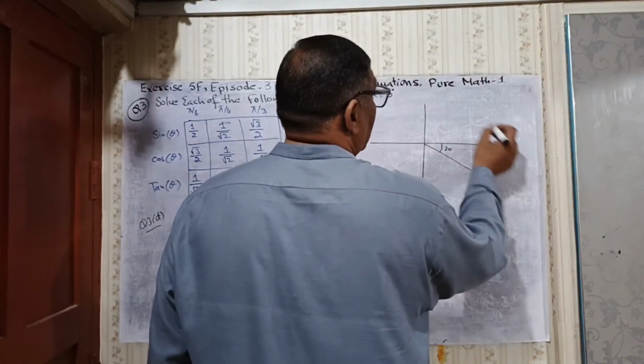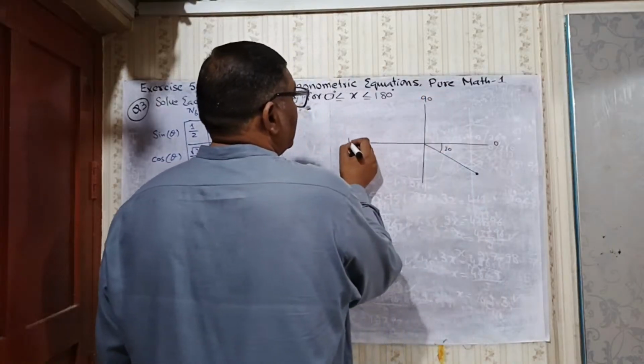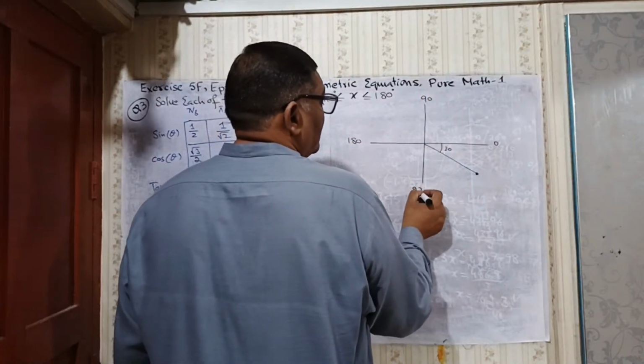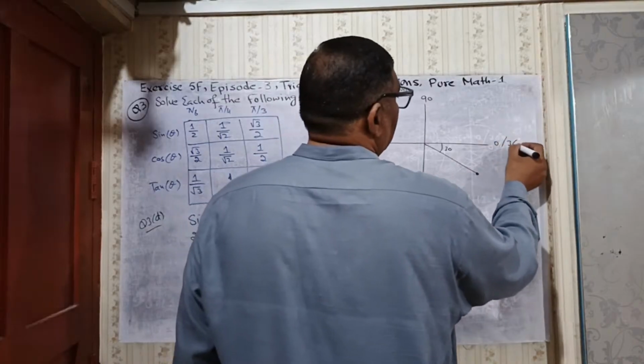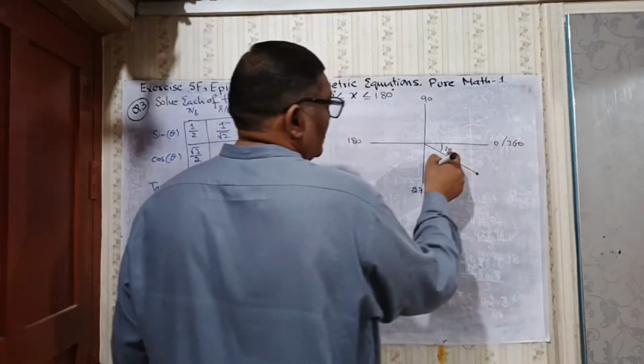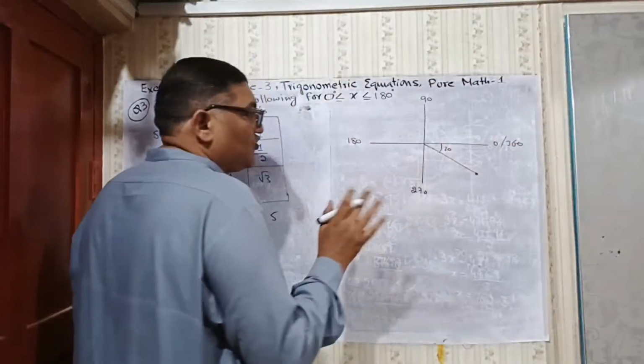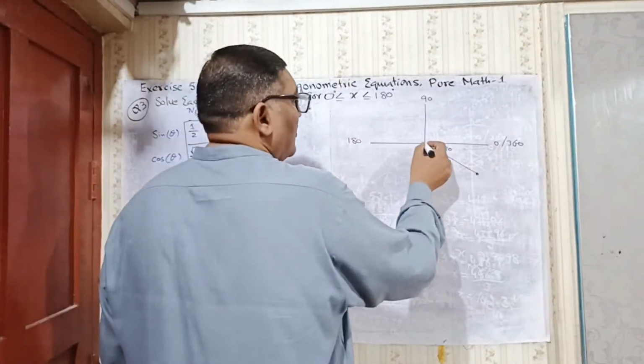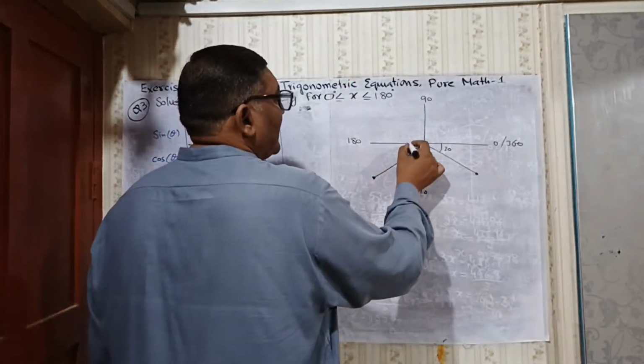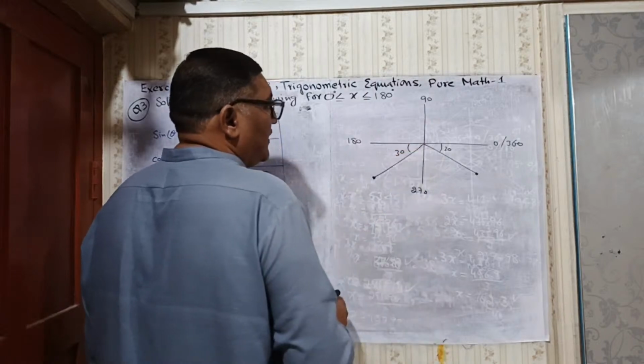This is 0, this is 90, this is 180, this is 270, this is 360. The sine is negative in two places, the third and fourth quadrants. So the base angle here will also be 30.